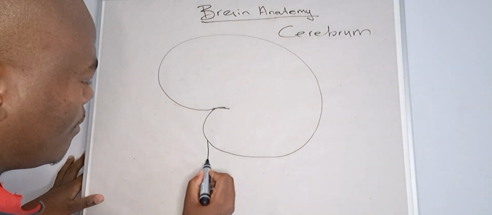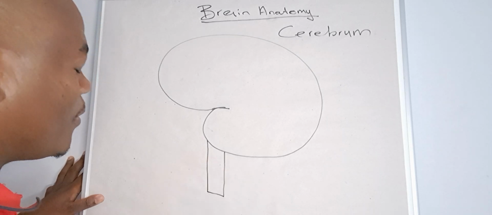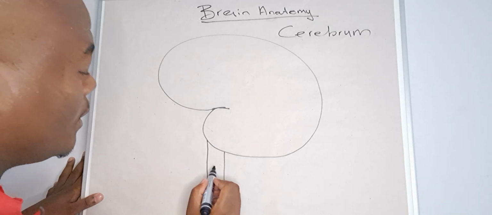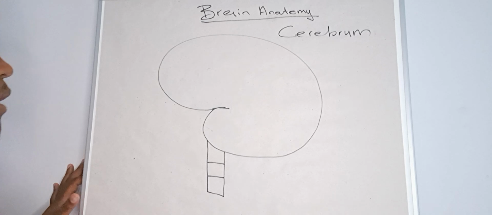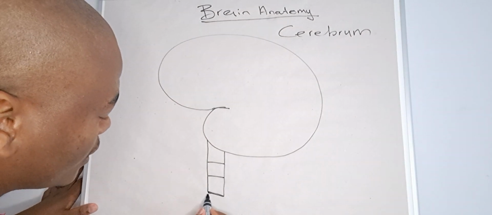We're going to have our brain stem somewhere around here. Our brain stem is divided into three components. And then it will later be continuous with the spinal cord.